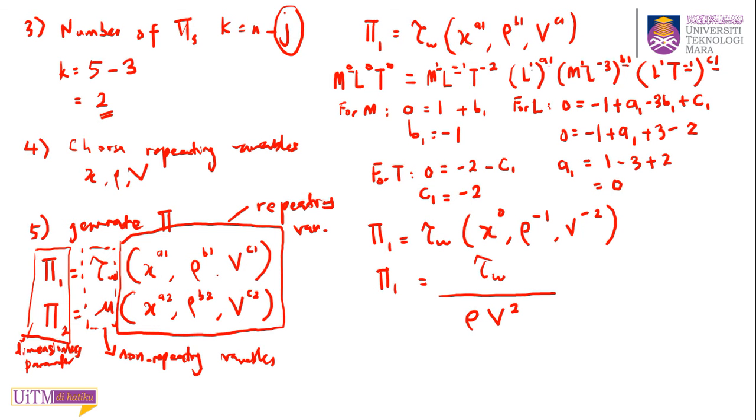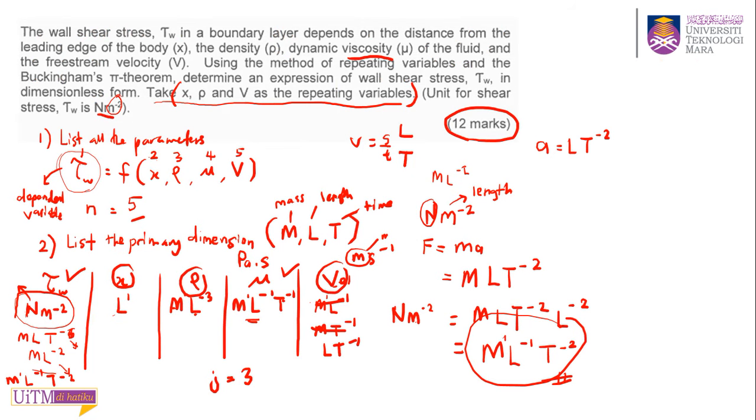Okay, again do the equation for MLT like before. So pi 2 is dimensionless, so that's why you have M0 L0 T0, and we know the dimension for mu is M1 L minus 1 T minus 1.